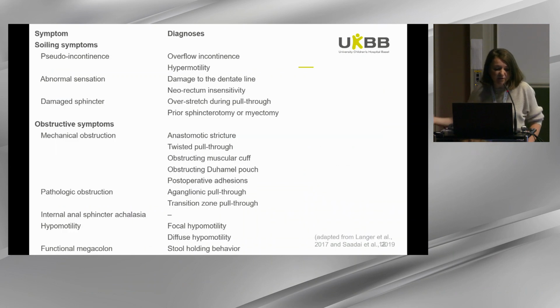And then the main group that we have in pediatric gastroenterology is really the functional, the behavioral ones, the ones that hold the stool back and therefore suffer from constipation.